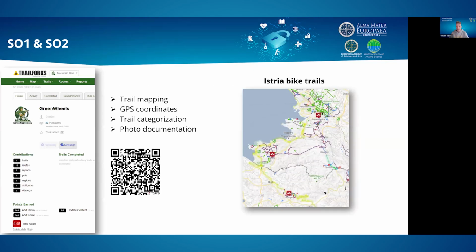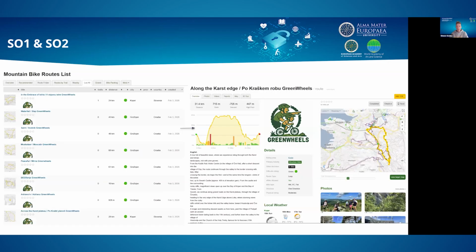So we already conducted the first 2 objectives, and we uploaded 16 different trails and routes to the Trailfork app, which is the largest mountain bike specific trail map application. Each route includes the detailed description in English, Slovenian, and Croatian language.